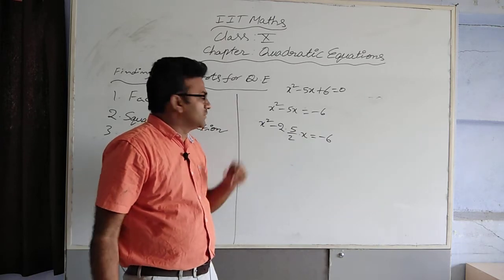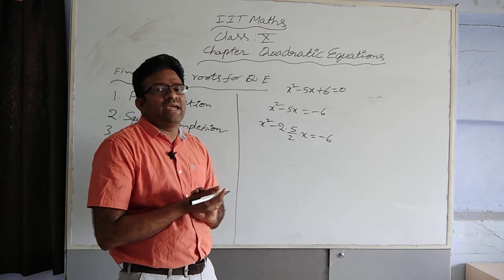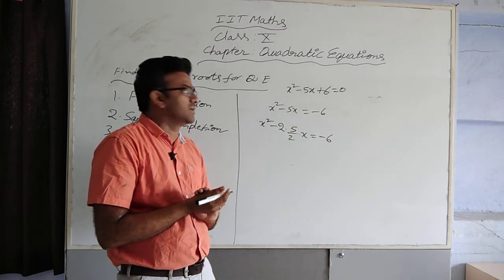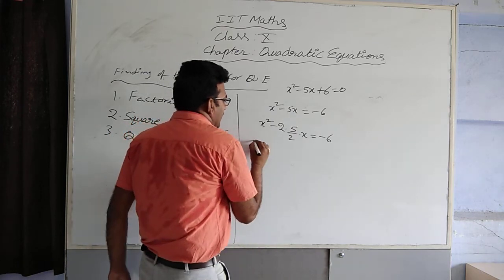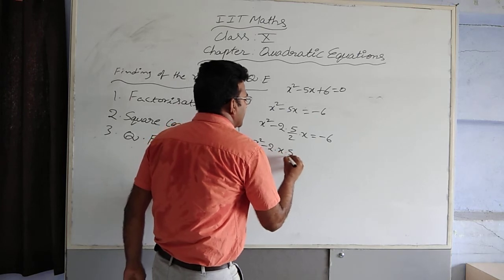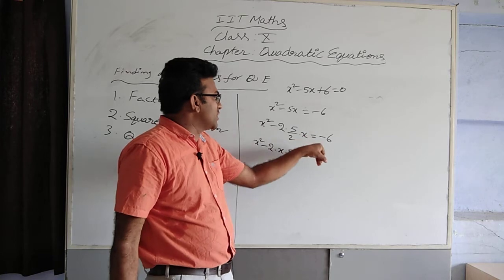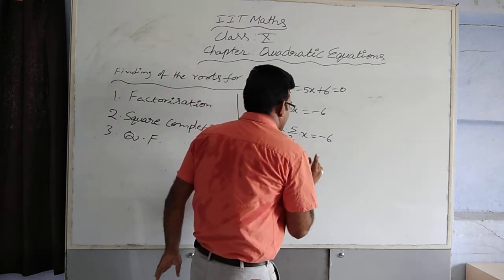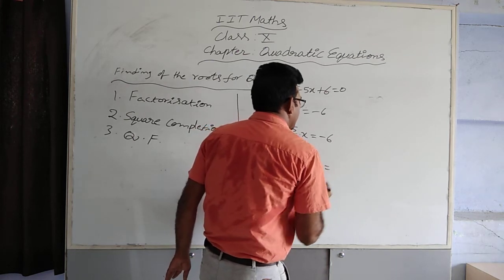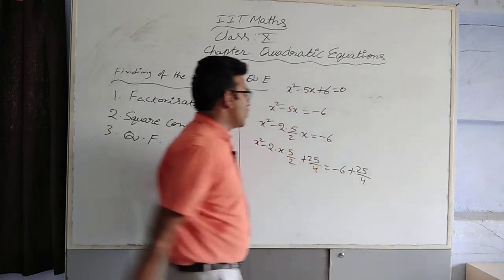Now I apply the (a minus b) whole square formula: a square minus 2ab plus b square. So on both sides I add 25 by 4, giving 25 by 4 equal to minus 6 plus 25 by 4.